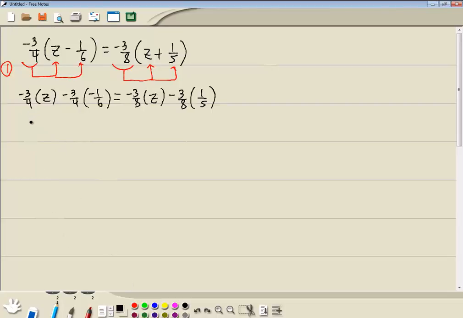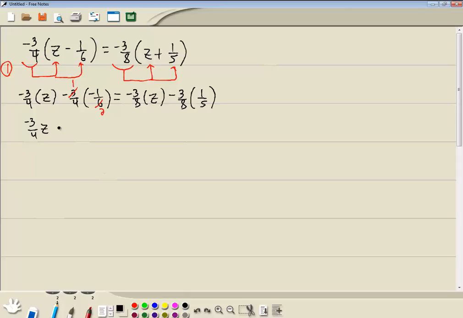Well, negative 3/4 times Z is negative 3/4 Z. On this one here, we got 3 and 6. Remember, if you got a number up at the top and a number in the bottom, numerator and denominator, that can be divided by the same number, do so. Well, these are both divisible by 3. So 3 divided by 3 is 1. 6 divided by 3 is 2.